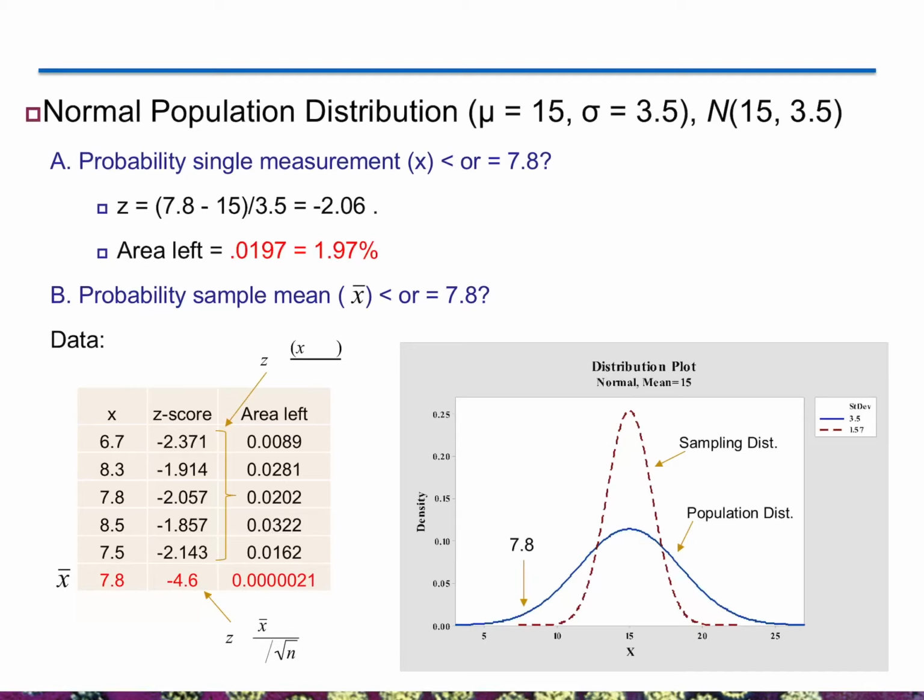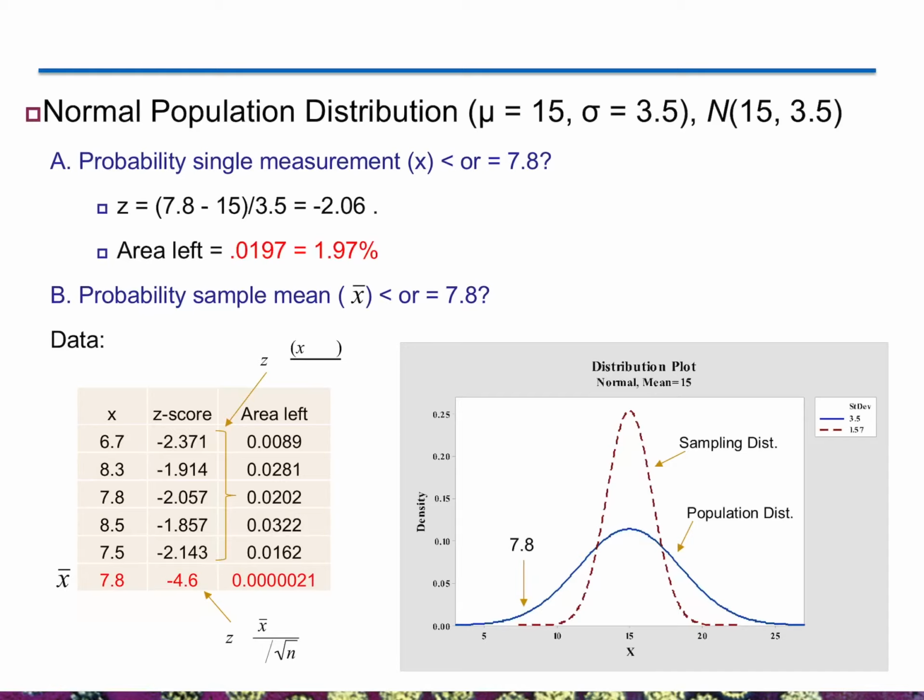At the end of the previous video for this chapter, I was talking about the z-score calculation for an individual measurement compared to the z-score calculation for a sample mean. The idea with that last slide was to show you that a single measurement has a far higher probability of occurring, especially further away from a mean, than a sample mean would.